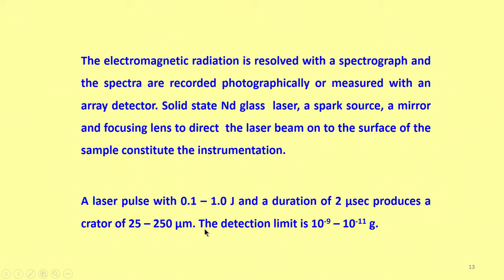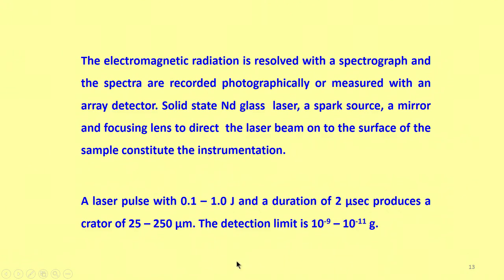So, if I want to determine the concentration of a metal in a painting, the Mona Lisa, a big painting, I cannot destroy the whole thing to find out what paint Da Vinci had used. So, what I do is take a laser, make a 250 micrometer crater and then analyze.